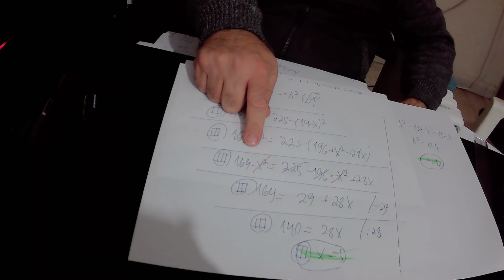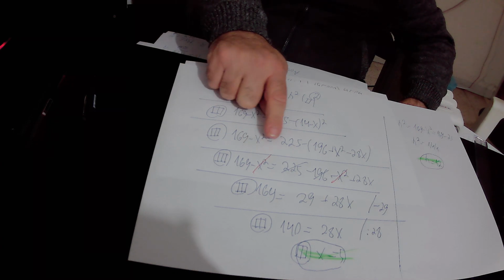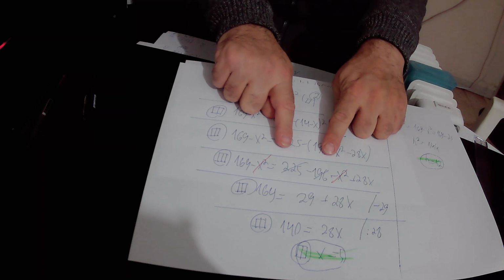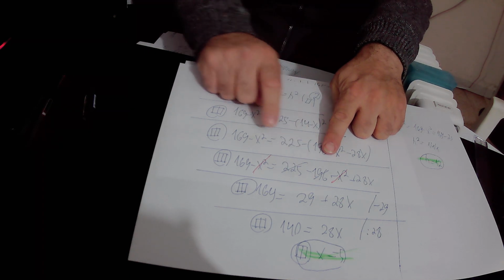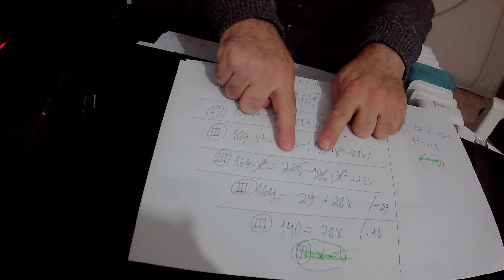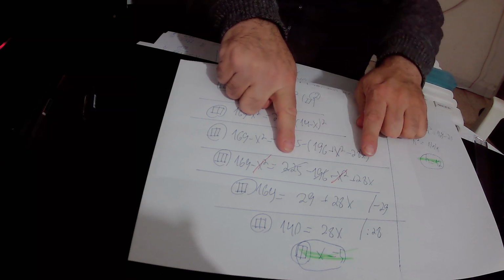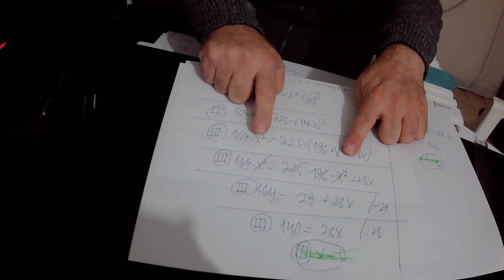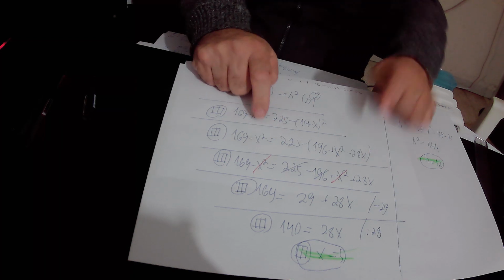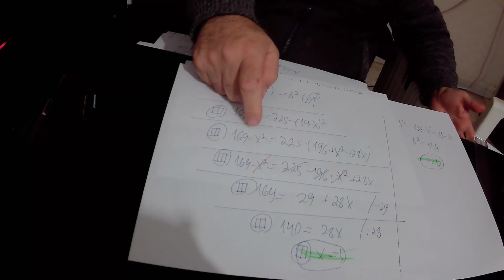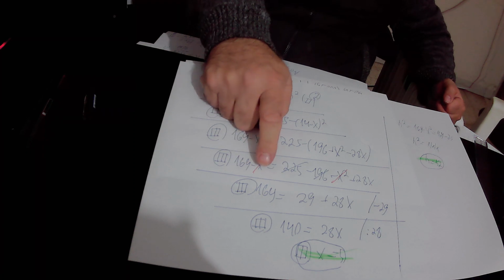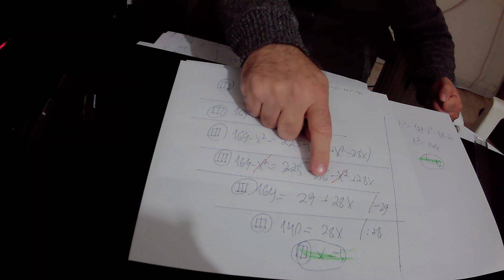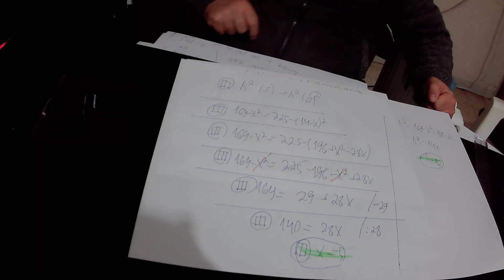On this side of the equation, we are left only with 169, that equals 225 minus 196, which is 29. On the other side, we are left only with 29 plus 28x. X square gets cancelled. So in conclusion, we found out that according to expression number 3, 169 equals 29 plus 28x.